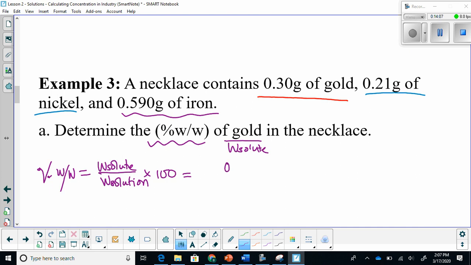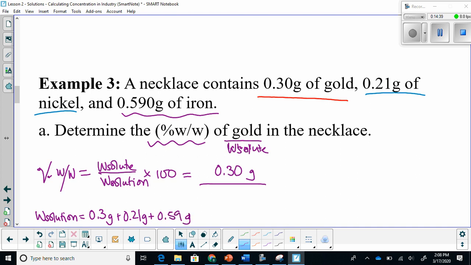0.30 grams of gold. And then on the bottom, we need to total it up again. So W solution is equal to 0.3 plus 0.21 plus 0.59 grams.